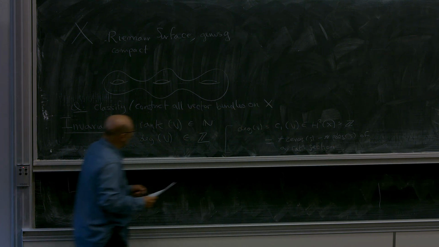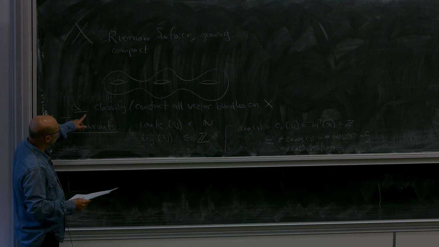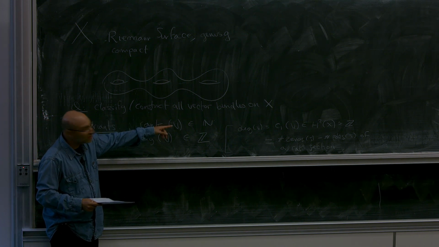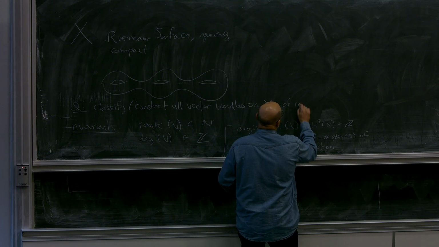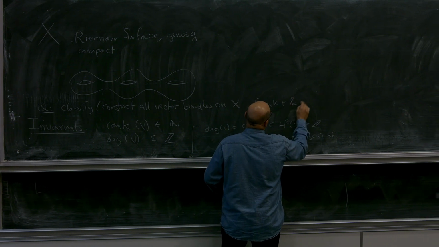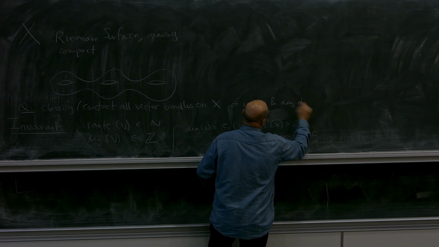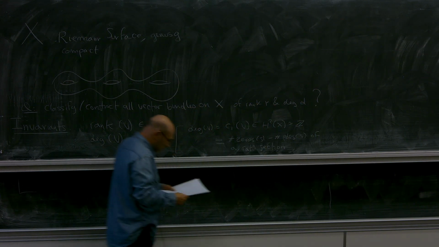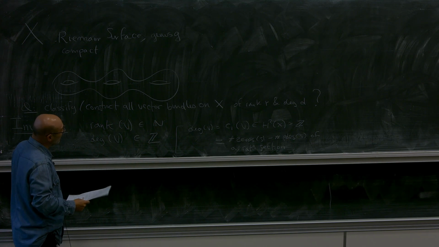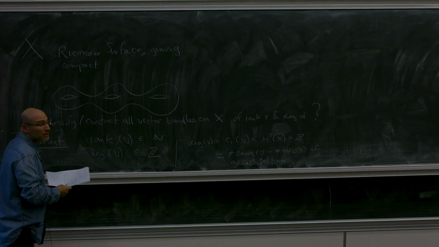Okay, so I can ask how to classify, construct all vector bundles on X of fixed rank R and degree D. Okay, let's look at one case where this is very well known.